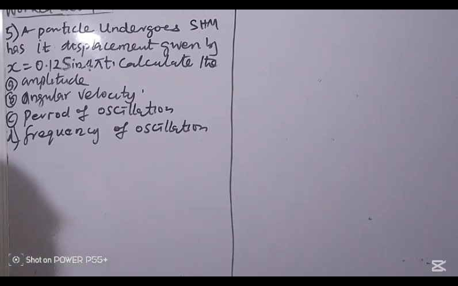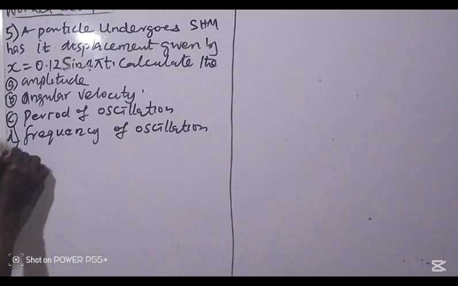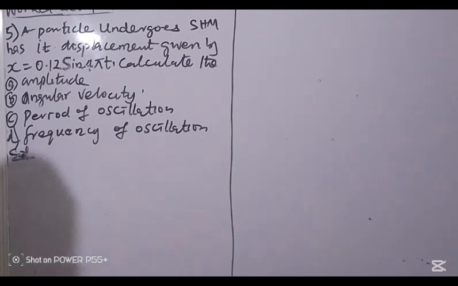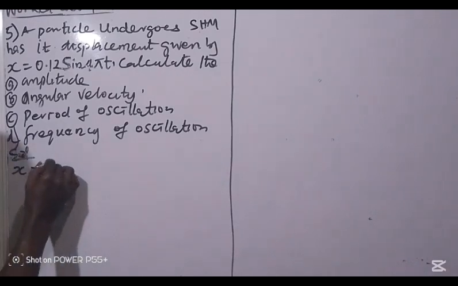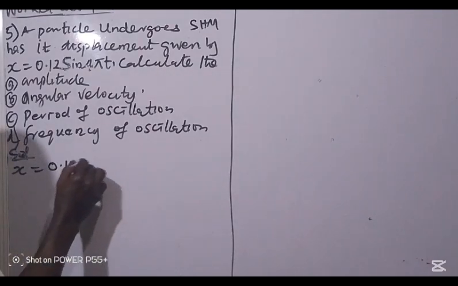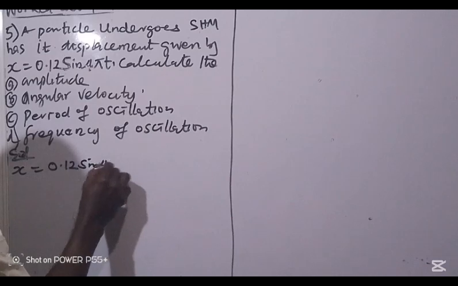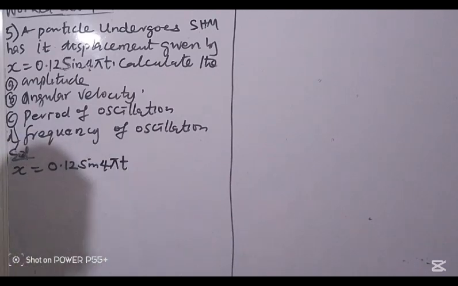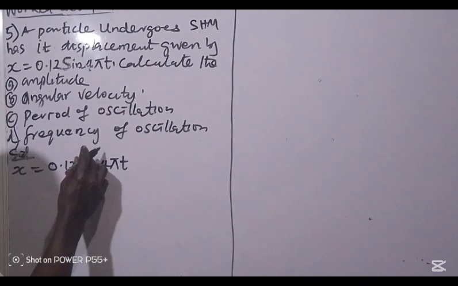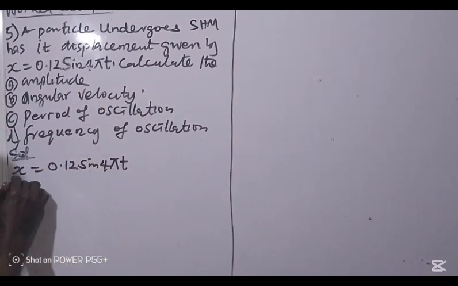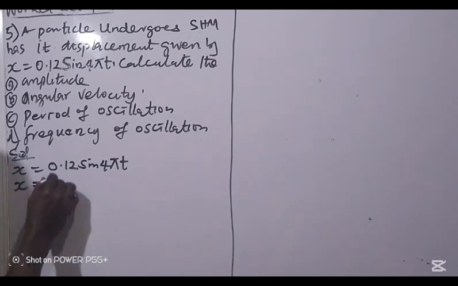Now, solution. From the question, displacement is given as S equals 0.12 sine 4 pi t. Now we have to calculate amplitude. As I said in our last example, our x normally is A sine omega t.